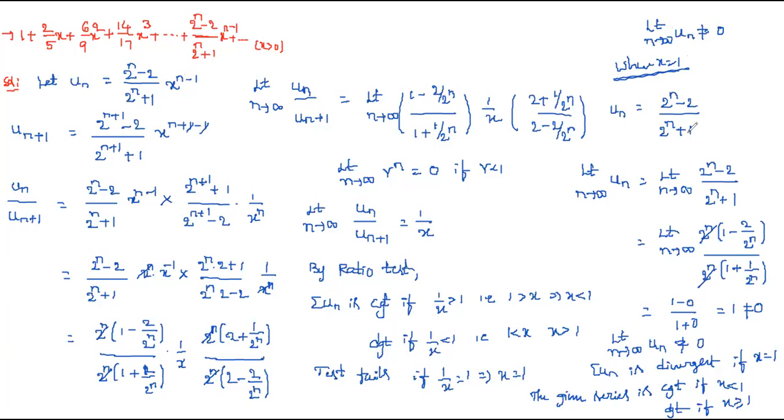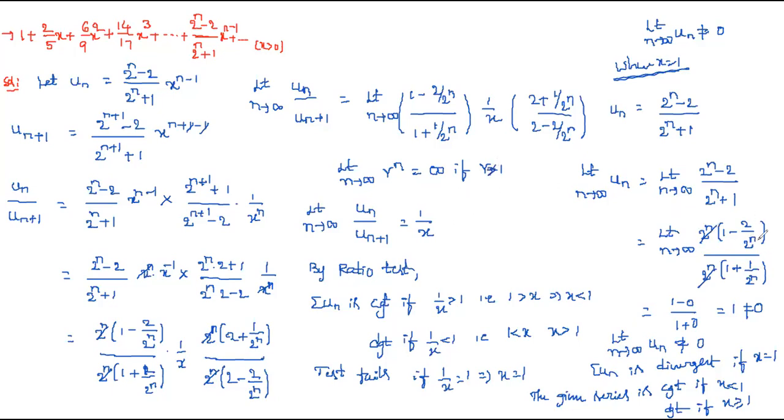For simplification, first we take 2 power n as common from the numerator as well as from the denominator. If you simplify this, the 2 power n cancel, and we get 1 minus 2 by 2 power n and 1 plus 2 by 2 power n. Here, if you treat r as 2, then for r greater than 1 we take it as infinity, and for r less than 1, 0.